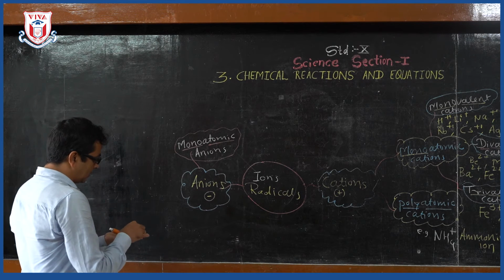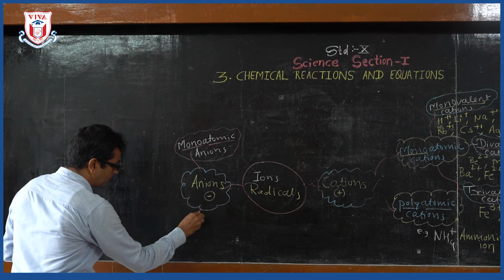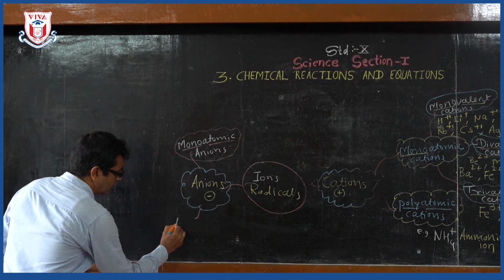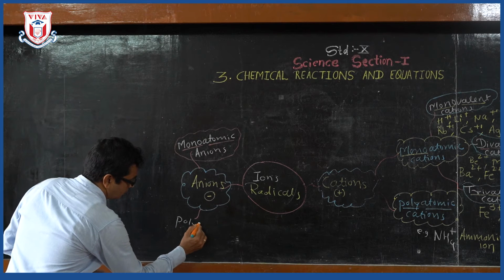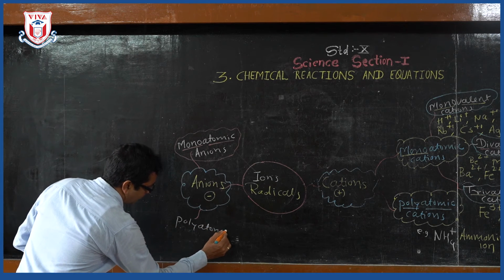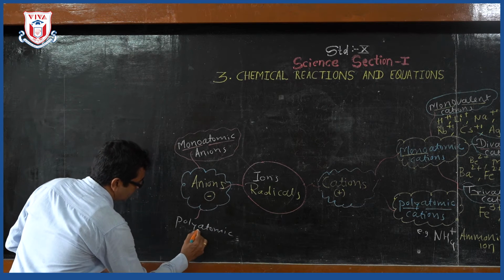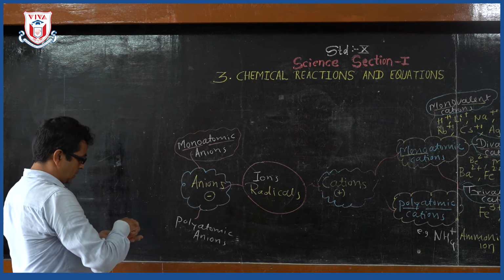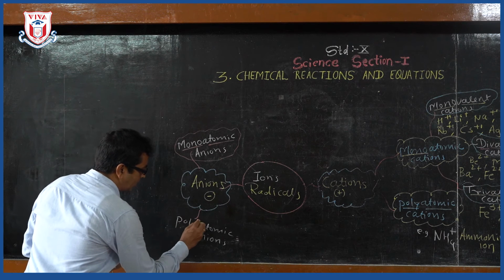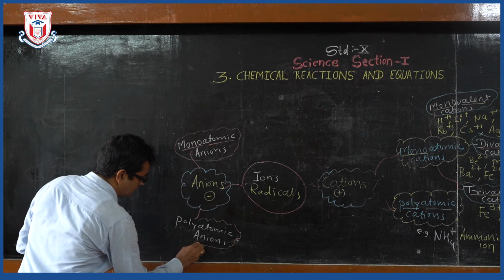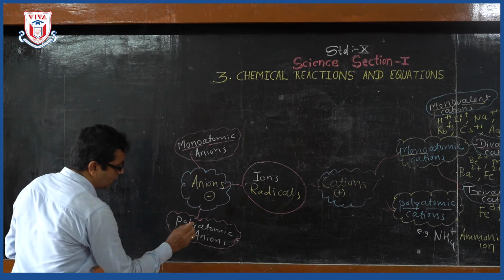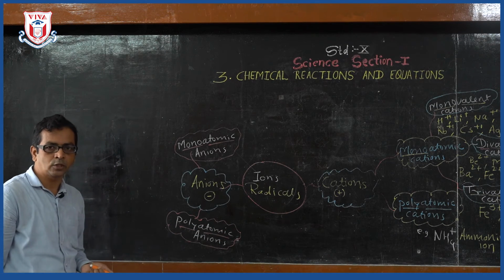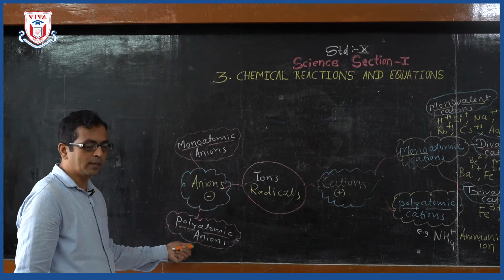And the second type is polyatomic anions. Poly means many atoms in the ion. When many atoms are present, then it is called polyatomic.